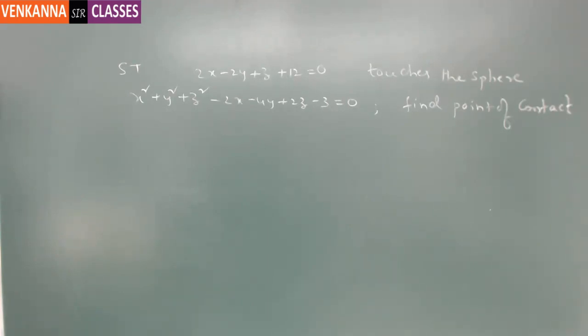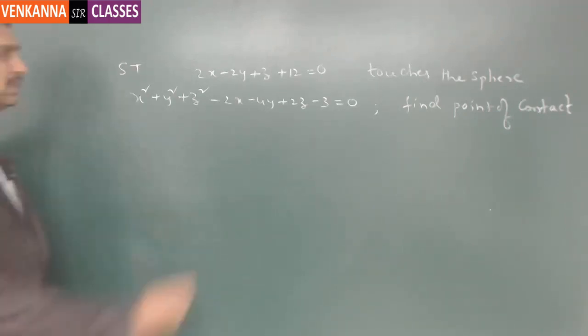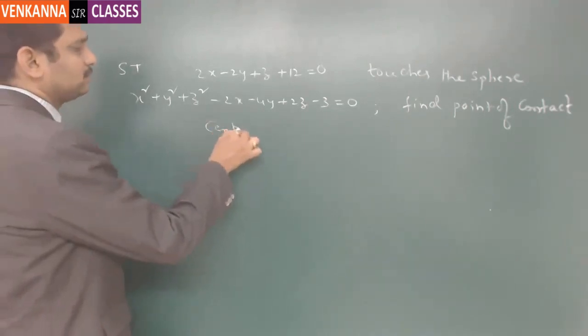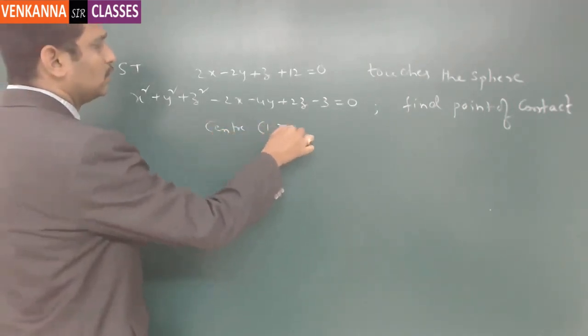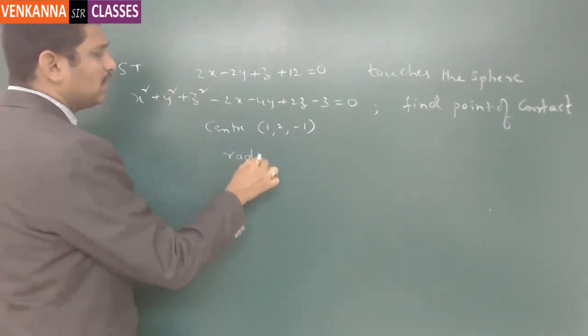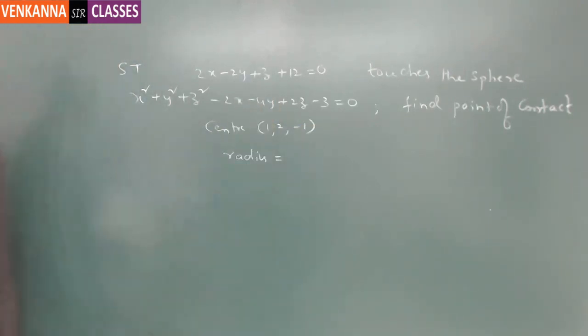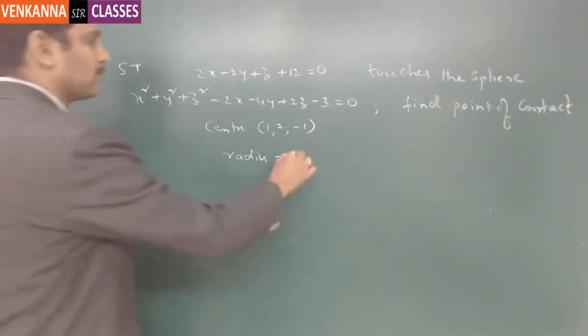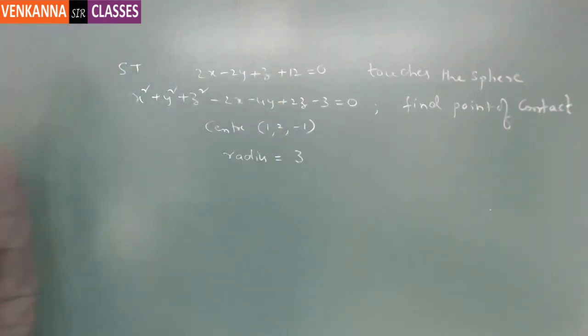So you know how to do the problem. I will give the procedure one more time. From the sphere equation, its center is nothing but 1, 2, minus 1. And could you tell me the value of the radius there? Substituting the values in the radius formula, it is 3.